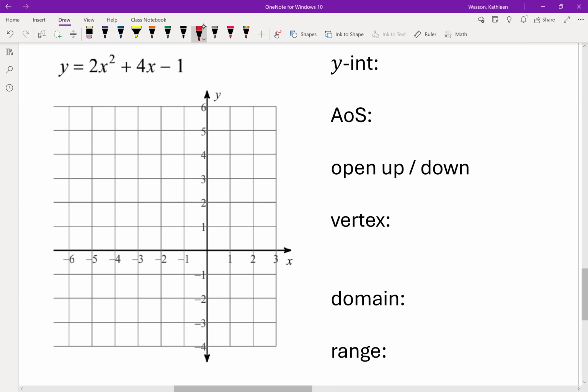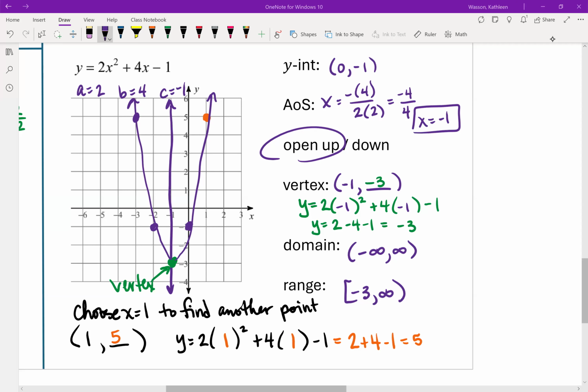Determine whether your graph opens up or down, and describe the domain and range in interval notation. Please check your work as compared to this example. Let me know if you have any questions.